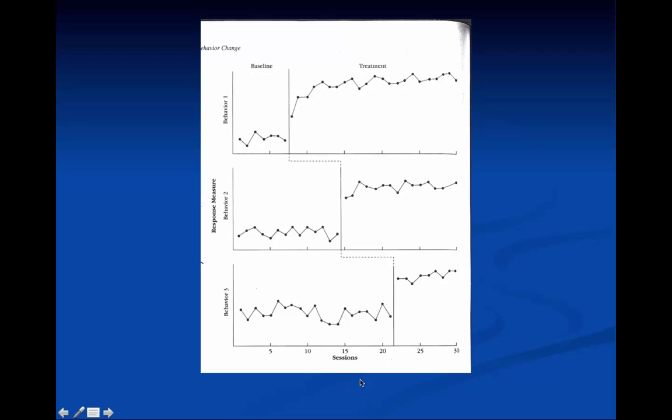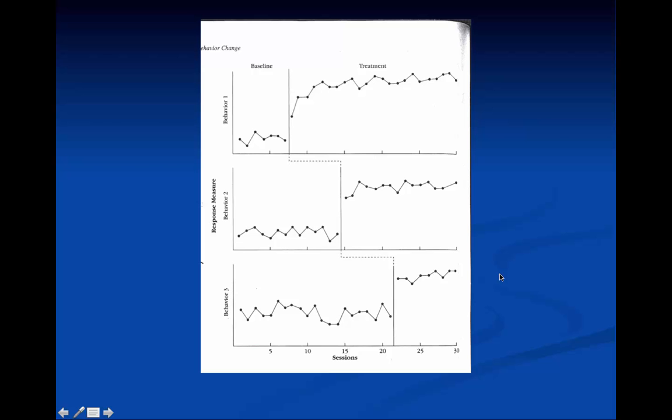So you need, and this is the challenge with these, you need to have behaviors that are independent of each other, but they also have to be sensitive to the same treatment. So it's kind of ironic. You need to have independent behaviors, but they need to all be responsive to the same treatment in order for a multiple baseline to work.